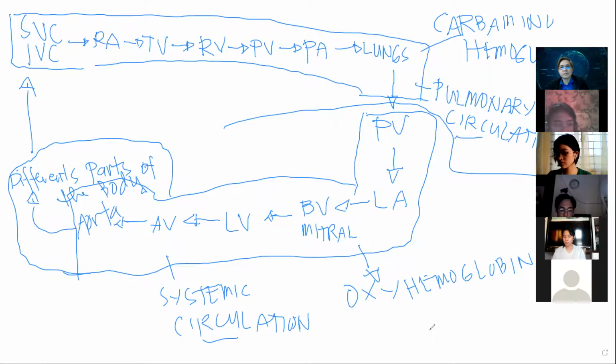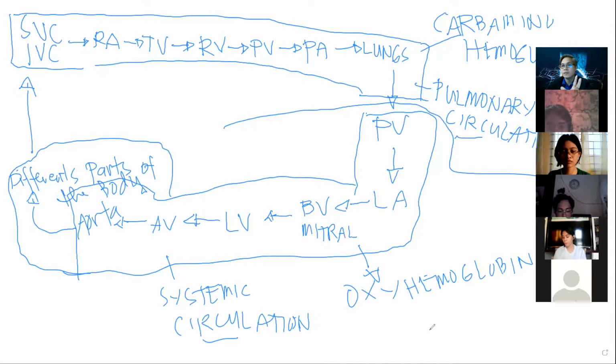All right. Again, pulmonary circulation happens when the unoxygenated blood, or carbon dioxide carrying blood, or carbaminohemoglobin, will actually go to the lungs for the actual exchange of gases. That is the pulmonary circulation. Pulmonary means lungs.